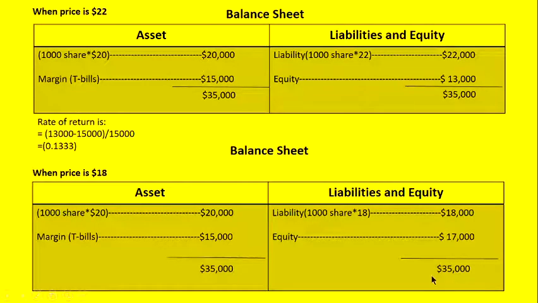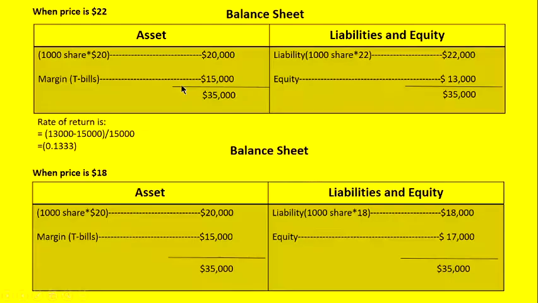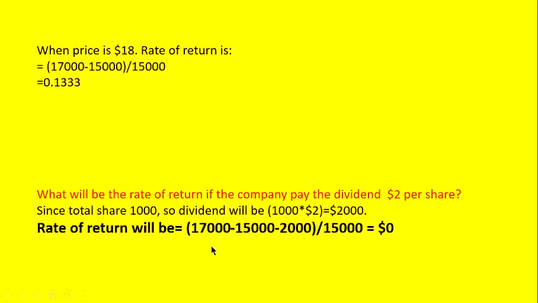When the price is going down, your equity is going up. That means your profit is going up and liability is going down. The rate of return is $2,000 profit over the margin of $15,000, your initial investment. Here you make a profit.